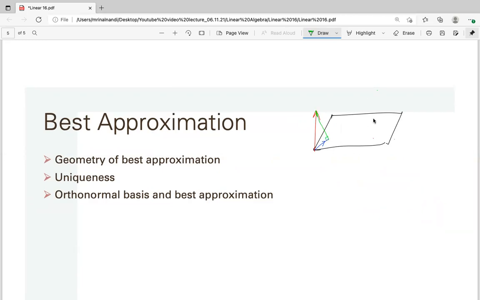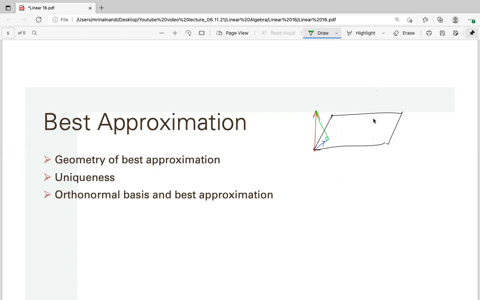this red vector along this subspace, and if you have an orthogonal basis of that subspace, then finding the blue part is very, very easy, because the blue part is nothing but the sum of the individual components of the red vector along every basis vector.